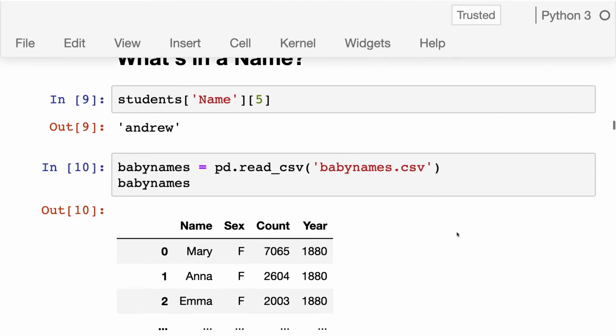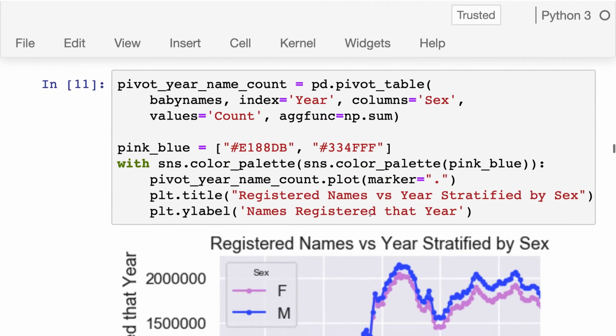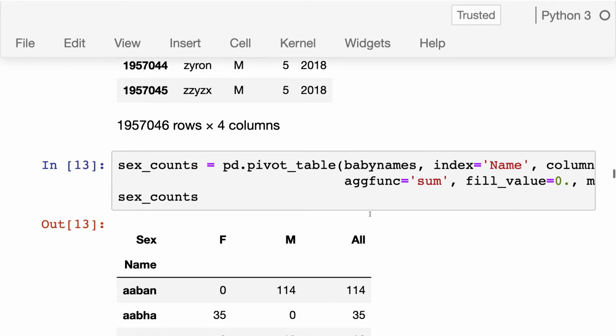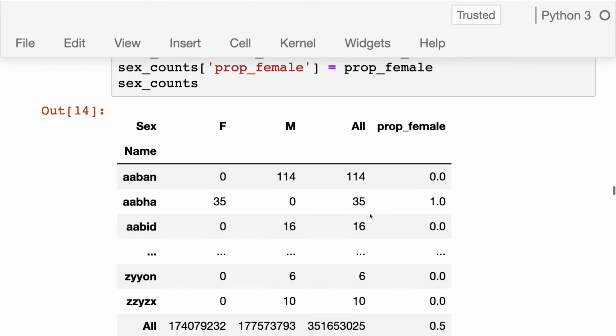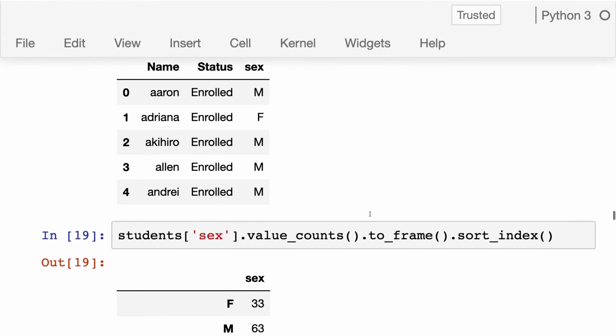I brought in my second data set, I did some more manipulation on it, found some interesting patterns just in that data set alone, and by combining the two data sets, I was able to come up with a prediction for our particular class, or our particular data that I had here.